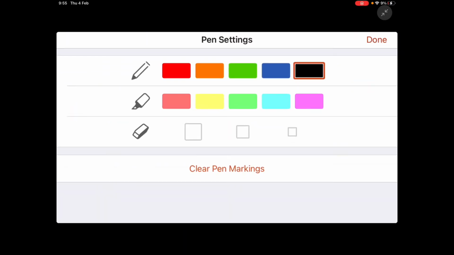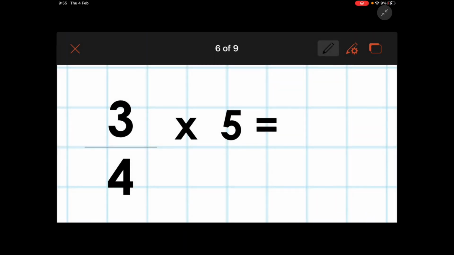And another example. 3/4 times 5. 3 times 5 is 15, and 4 times 1 is 4.